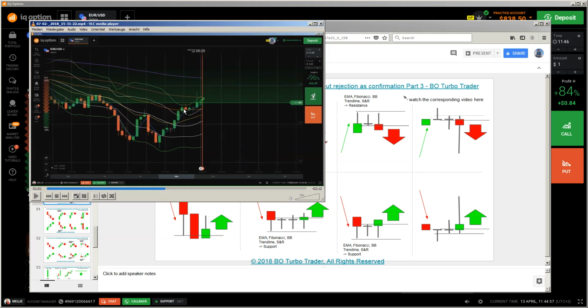You see we got a few wicks, and this curve forming here looks like a J hook. Then we got this kind of candlestick, similar to this one, and then you can enter immediately in a call, because you have this support and resistance area, and the support and resistance area made by these three candles.